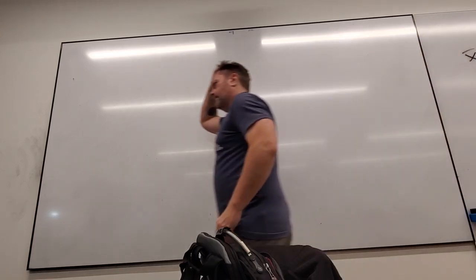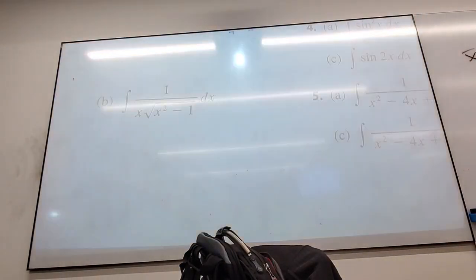I want to look at some problems from 7.5, unless anybody has any specific questions from anything. Just reminding you guys, 7.5 was the section that wasn't anything new. It just gives you all the different forms.